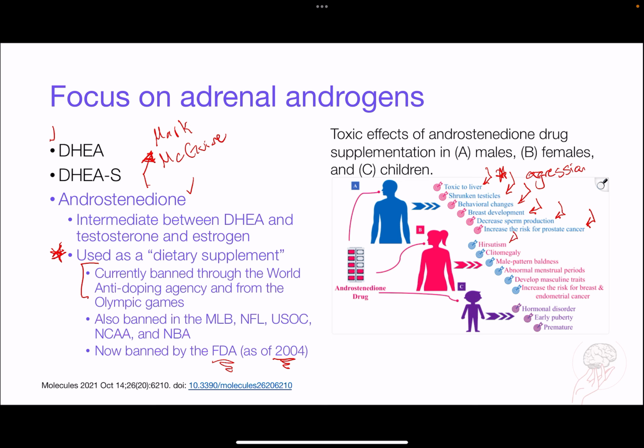In women, it can lead to hirsutism, which is excess and uncharacteristic facial hair patterns, enlargement of the clitoris, male pattern baldness, abnormal menstrual periods, masculine traits in general, and an increase for breast and endometrial cancer.